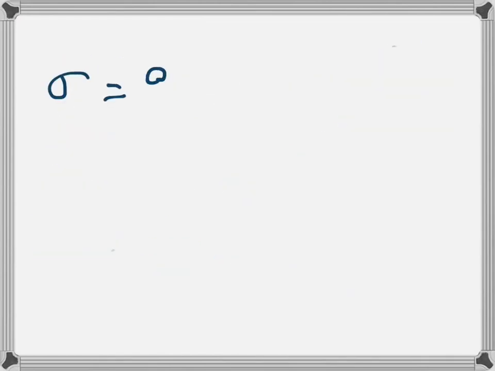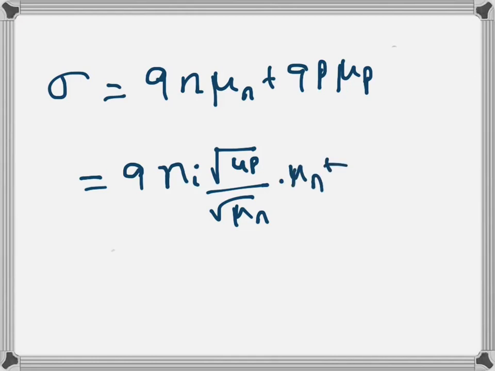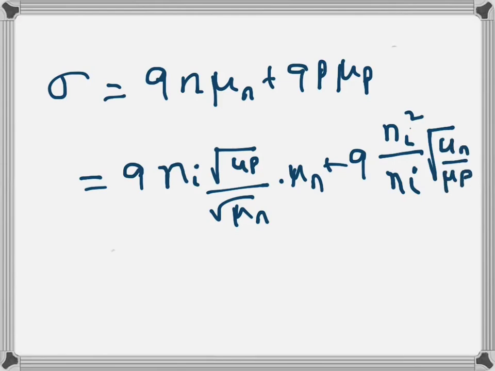So sigma is q n mu n plus q p mu p, and here we will just plug in the n value, which is ni times the square root of mu p over mu n, times mu n, plus q ni square over n, and that n will be of course ni, and since this is in the denominator it will be reversed, times mu p.